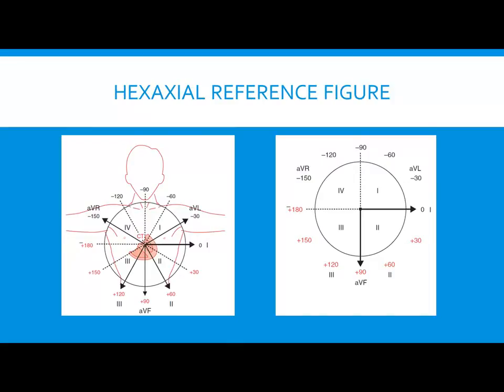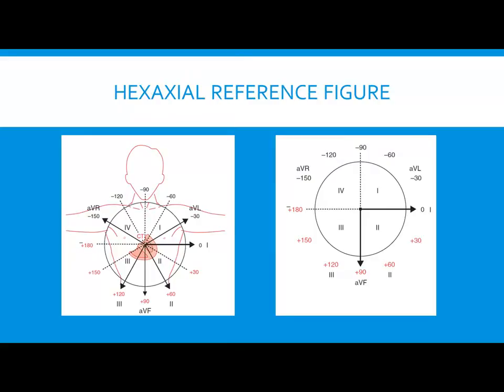Lead 1 would be there, which is the same thing as we saw. Lead 3 would be there. Then you've got your augmented leads, where you've got your AVR, your positive is going that way, your positive for AVL is going that way, and your positive for AVF is going straight down, all right?